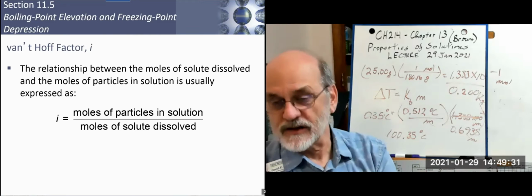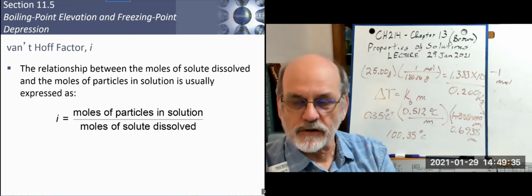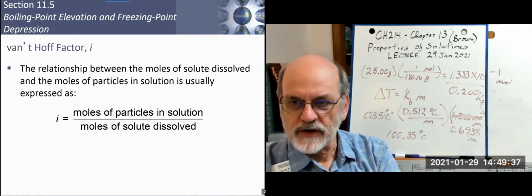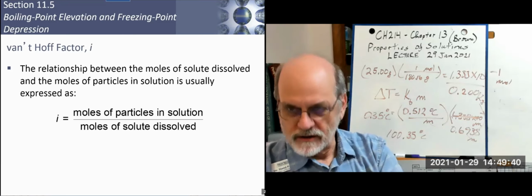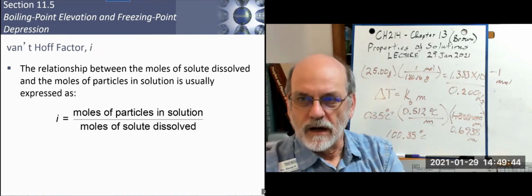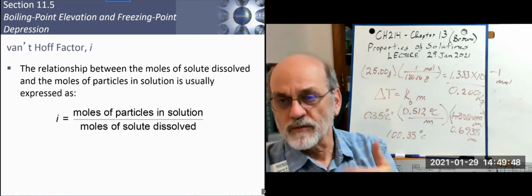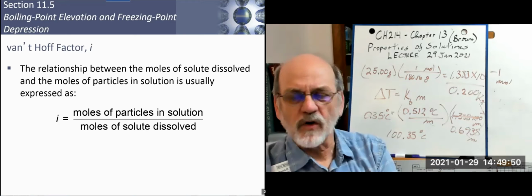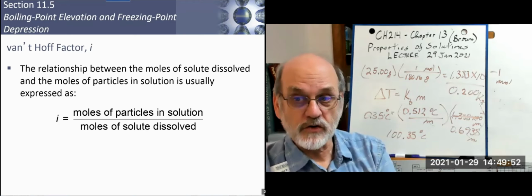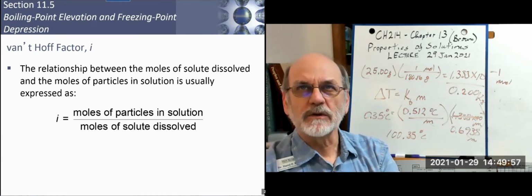But theoretically speaking, if you have a compound that dissociates in solution, the number of particles for each molecule is the ratio that you use. Say sodium chloride would be 2 to 1, calcium chloride would be 3 to 1 because there are 2 chlorides and 1 calcium. Let's see, what's another one?